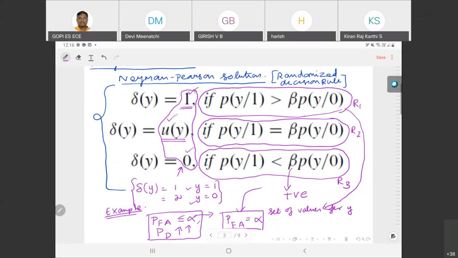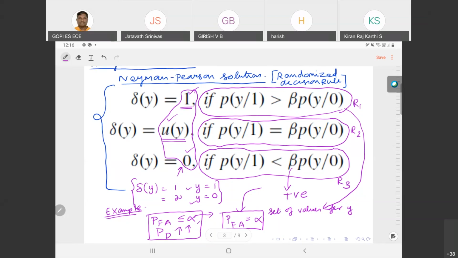First of all, whether the solution exists under all circumstances. So those things we will discuss in the coming class. What I want to convey is the Neyman-Pearson solution is the randomized decision rule of the form shown on the slide. So this is very important.